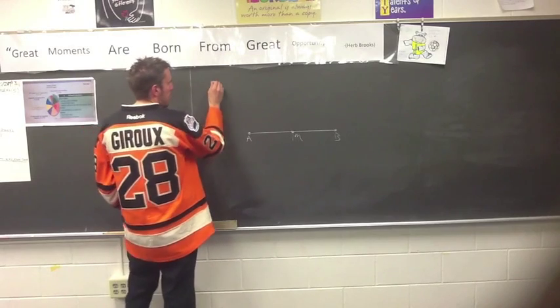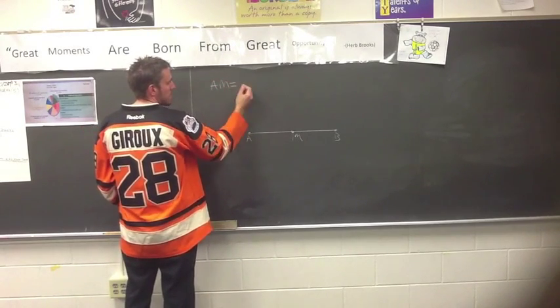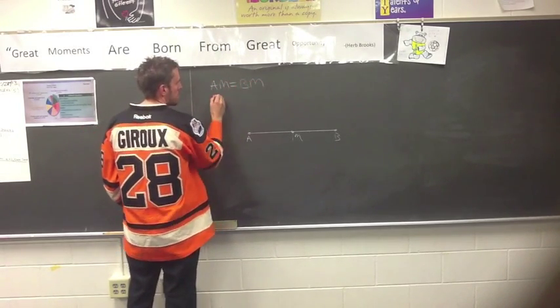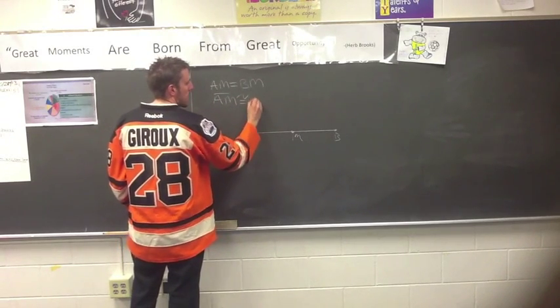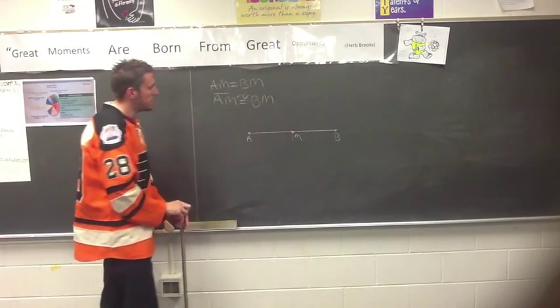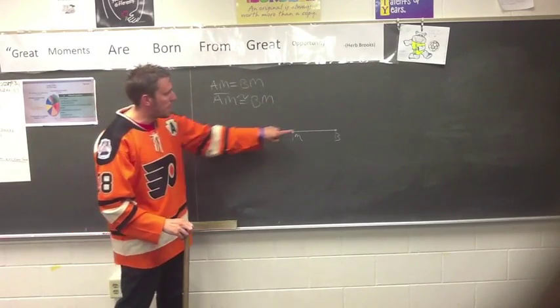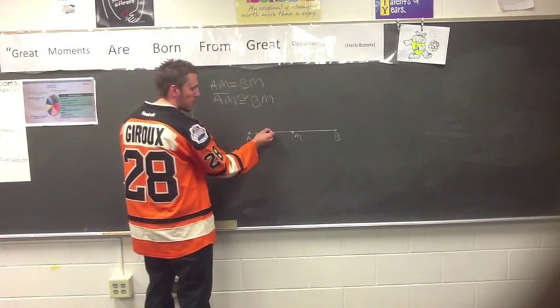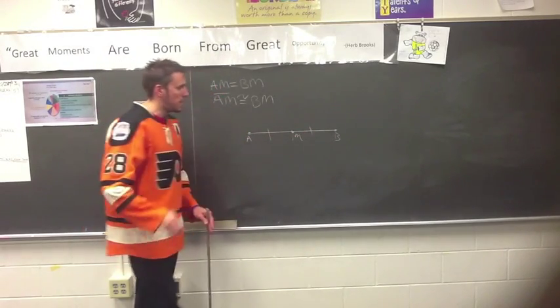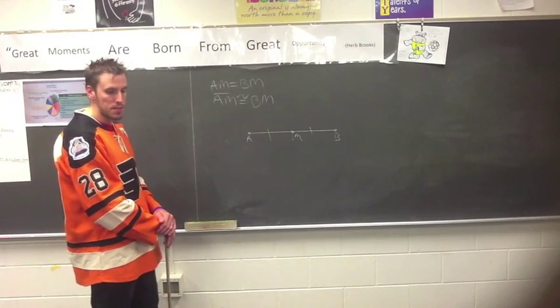And since this is the midpoint, that means I know that AM's length is equal to BM's length. I also know that AM's segment is congruent to BM's segment. The thing is, this I know, but I have not indicated it here, so I need to have notational dash marks. So I have a dash mark here and a dash mark here to show that those are congruent.